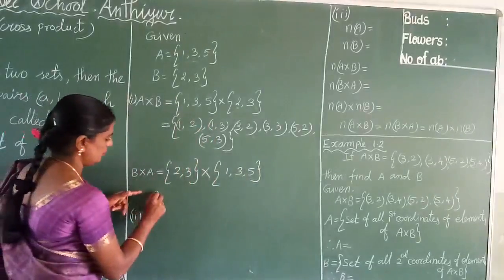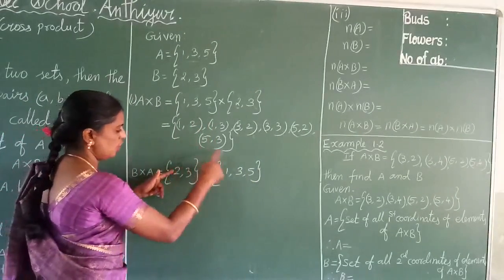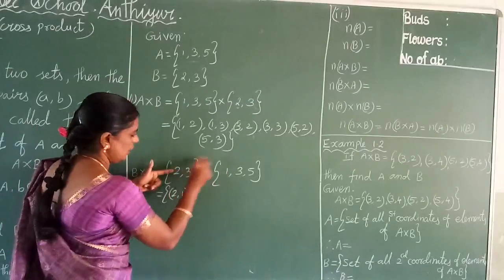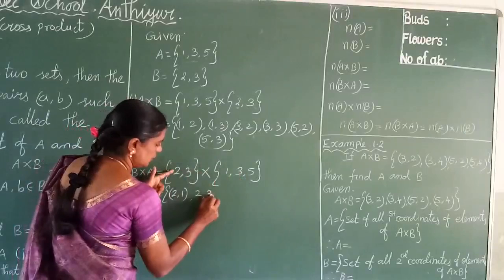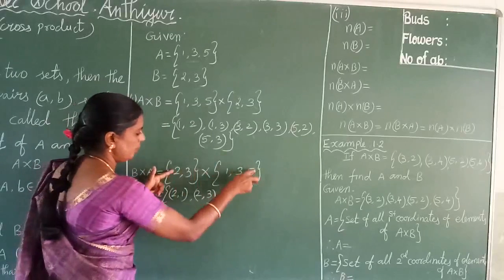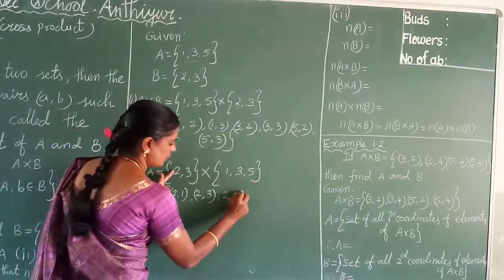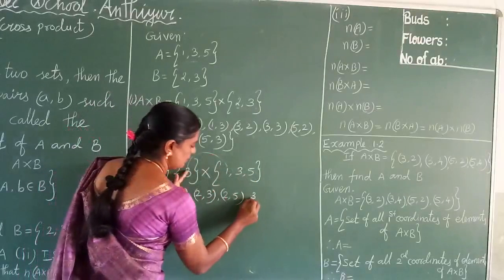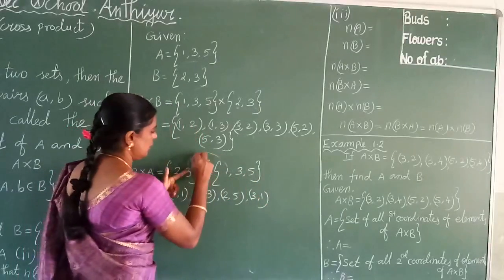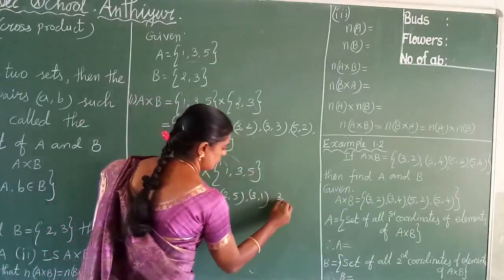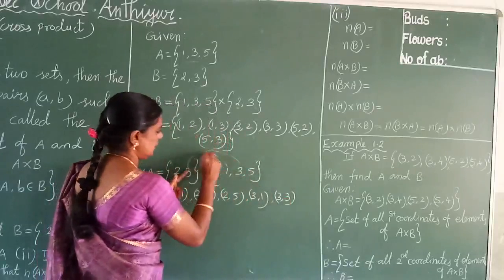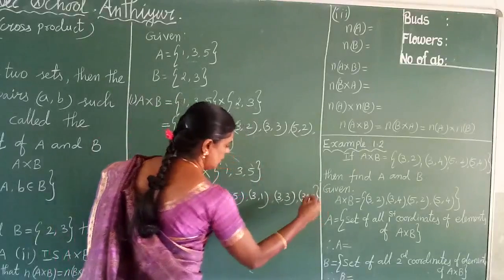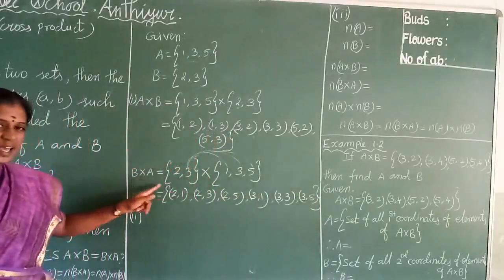You find here (2, 1), (2, 3), (2, 5). Next (3, 1) and (3, 3). Next (3, 5). That is the B cross A answer.